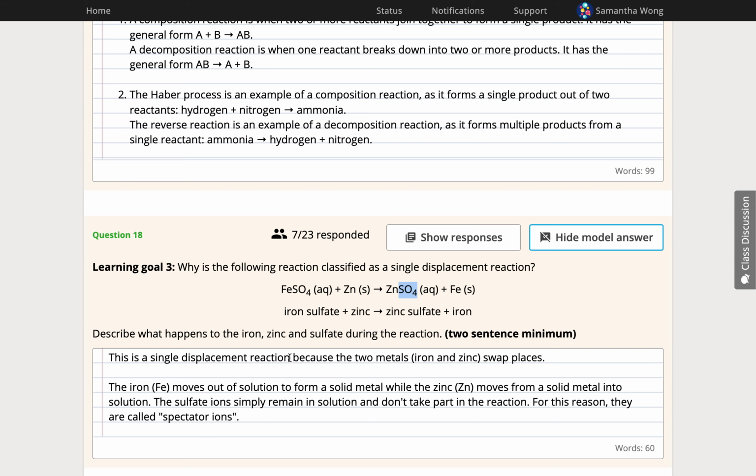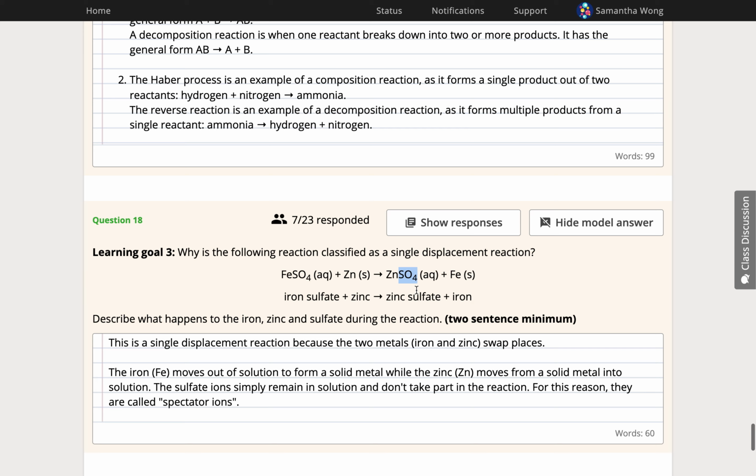This is a single displacement reaction because the two metals, iron and zinc, swap places. The iron moves out of solution to form a solid, while the zinc moves from a solid into a solution. The sulfate ions, however, simply remain in solution. They don't take any part in the reaction, and as such, they are called our spectator ions.